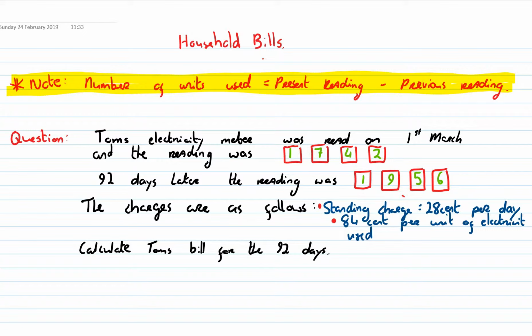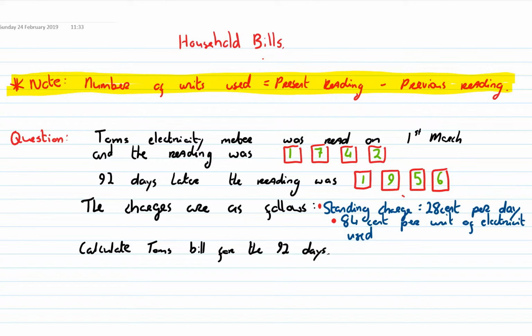Let's say the meter this week showed 1,900 and the meter next week showed 1,984. Then if I minus one from the other, it's 84. So in that week I used 84 units. Okay, so that's what this means. The number of units used equals present reading minus previous reading.